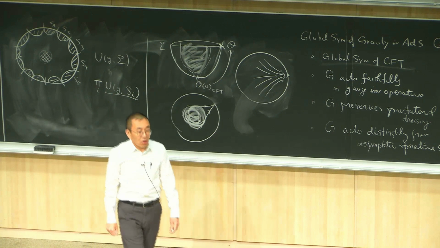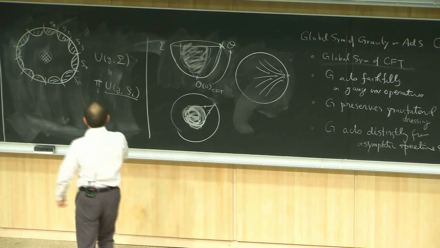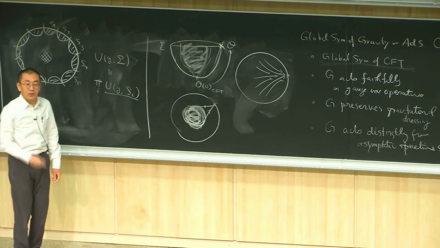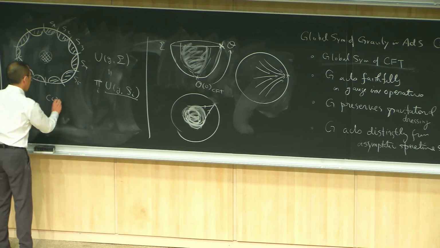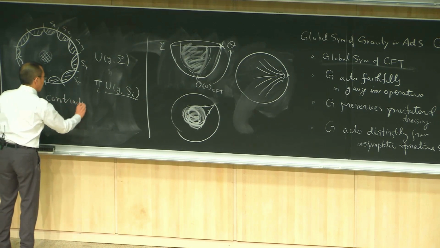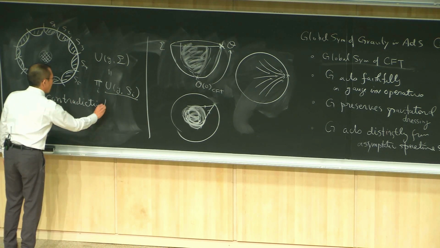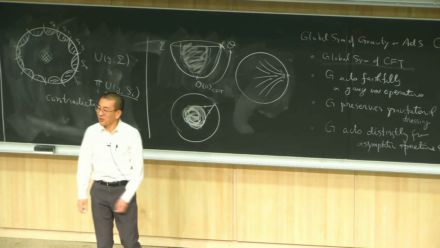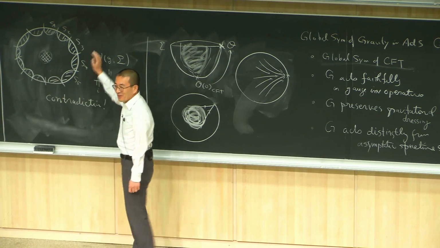And so this means that this commutes with this excitation, which is a contradiction. Okay, so that's a short proof that I could just draw over here.